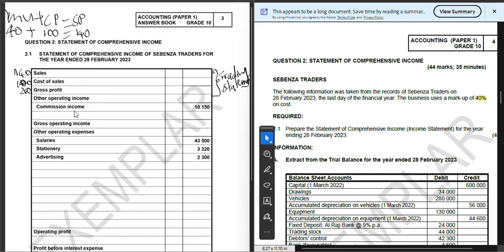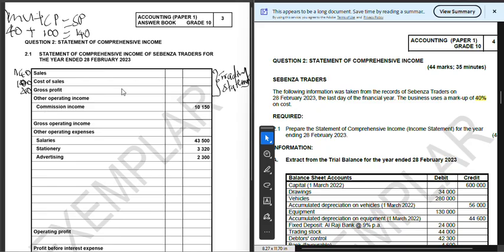This is where the trading activities of the business take place, whereby you have your sales minus your cost of sales, then you get your gross profit. The main objective of a business is just to make a profit. So you look at your sales and your cost of sales. It's just like when you're selling any other thing, you look at how much you used to buy that and how much it was for you to sell it. Those are the main things of the business. So there's the trading part of it.